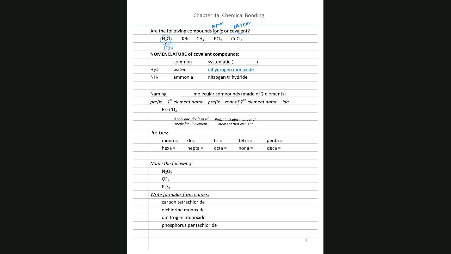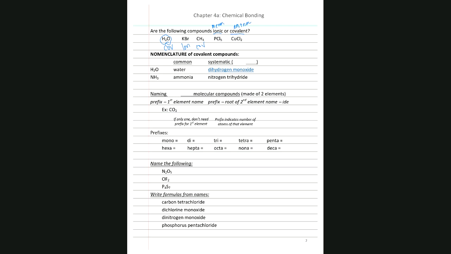Ionic. That one is ionic because potassium, K, is a metal, and bromine is over in group 7. It is a nonmetal. CH4. Covalent.